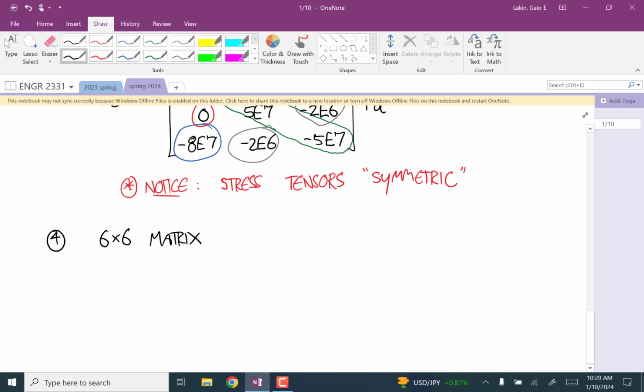And we're going to use 6 by 6 matrices for the compliance matrix. And also for the stiffness matrix.